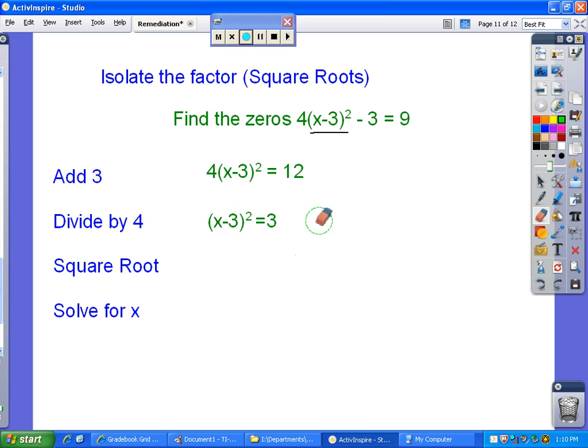So divide both sides by 4. I get x minus 3 squared equals 3. Square root both sides. Don't forget your plus or minus. So x minus 3 is equal to plus or minus the square root of 3. And now simply add the 3. So my final answer is x is equal to 3 plus or minus the square root of 3.